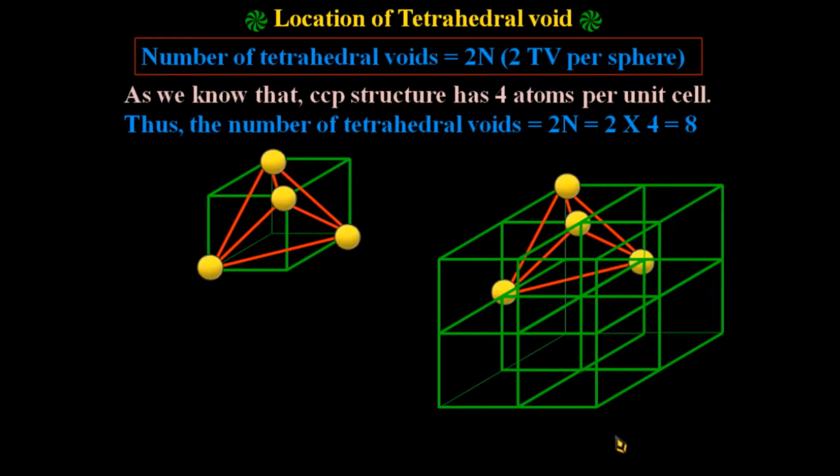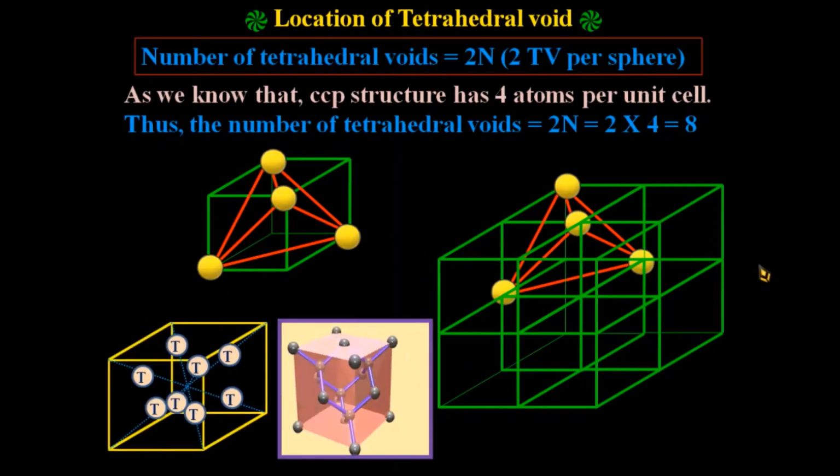Therefore, 8 cubes contain 8 tetrahedral voids. Therefore, the number of tetrahedral voids in a CCP is equal to 2n, that is 2 into 4, equal to 8 tetrahedral voids. Here we count 1, 2, 3, 4, 5, 6, 7, 8, and this moving diagram shows the tetrahedral voids.